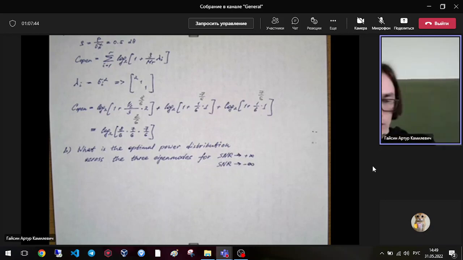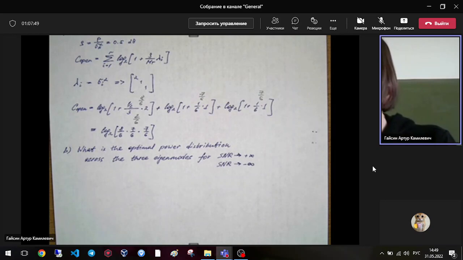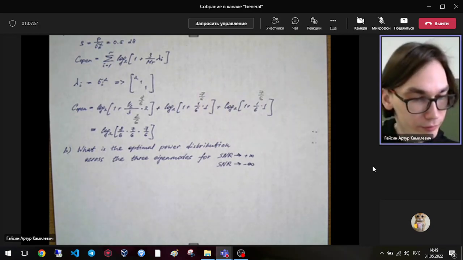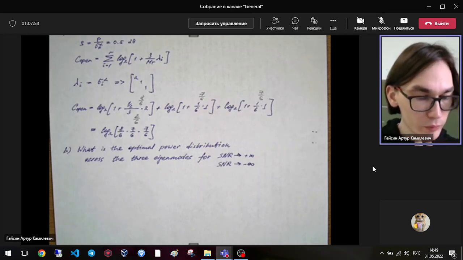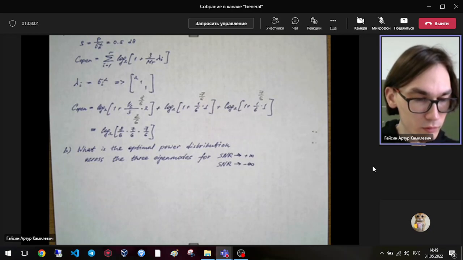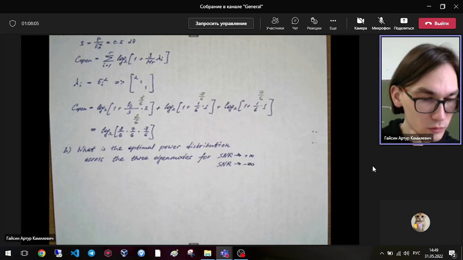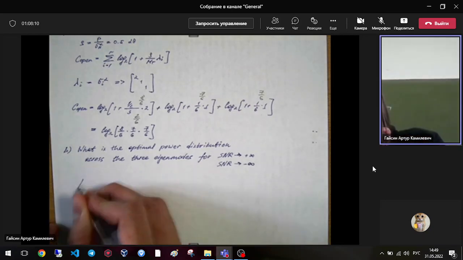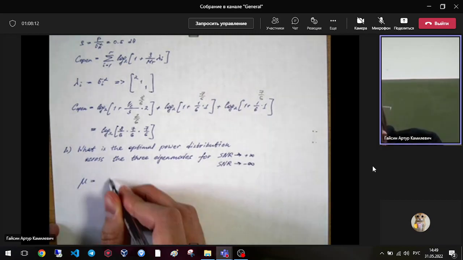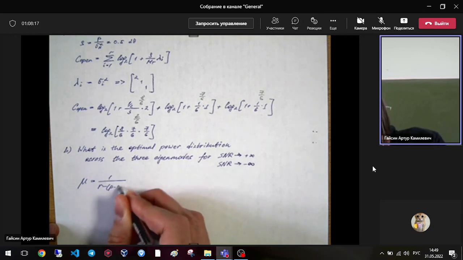So first, let's assume this water level mu. So let's assume this mu, which is equal to 1 divided by r minus p minus 1.